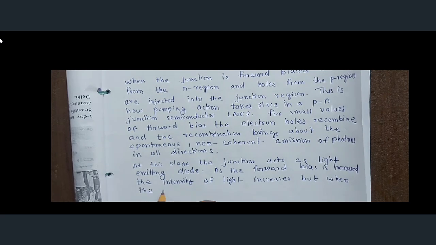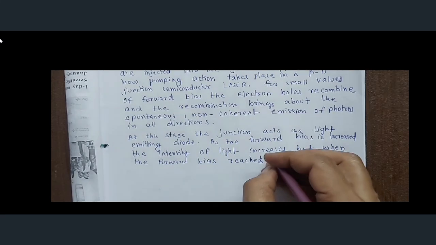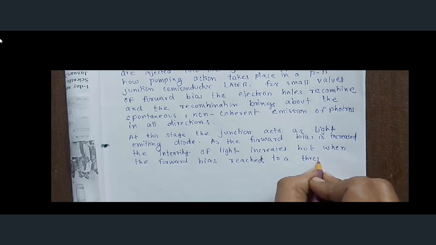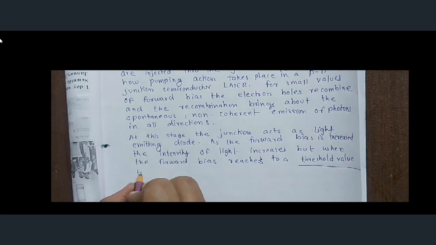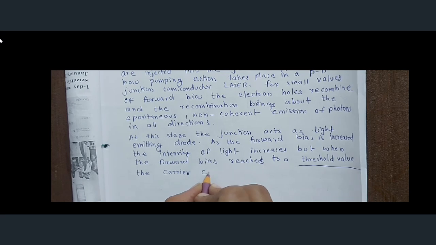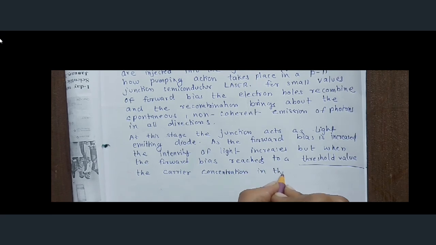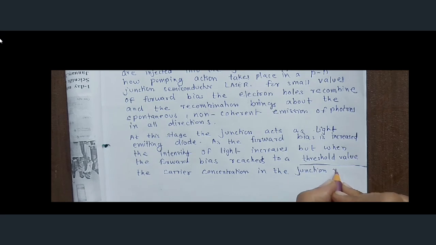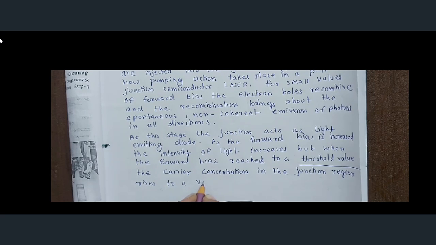But when the forward bias reaches a threshold value, the carrier concentration in the junction region rises to a very high value.